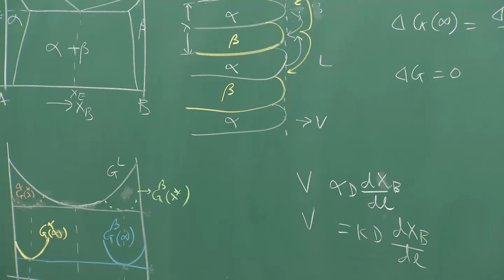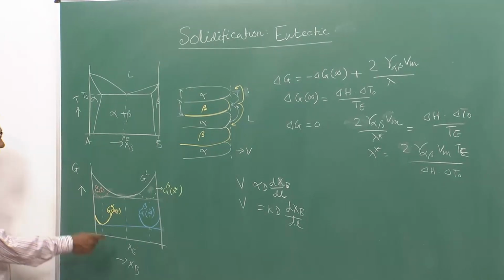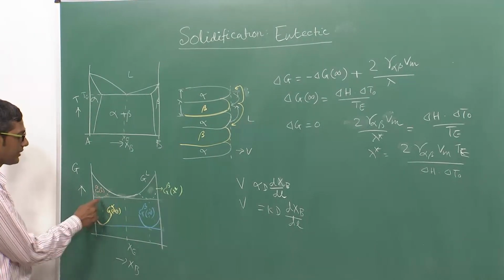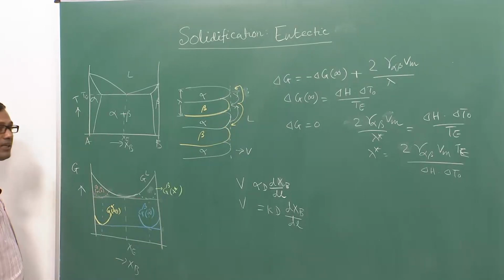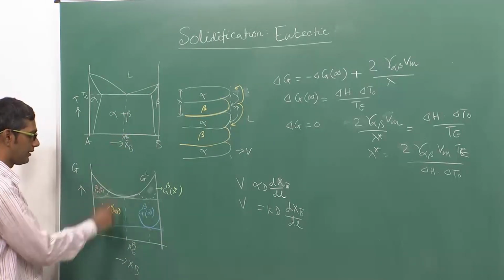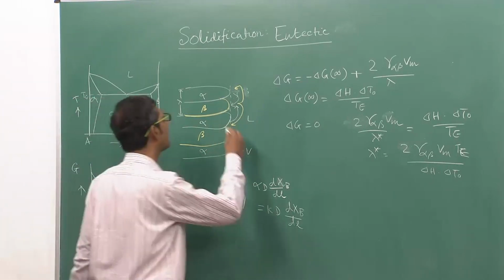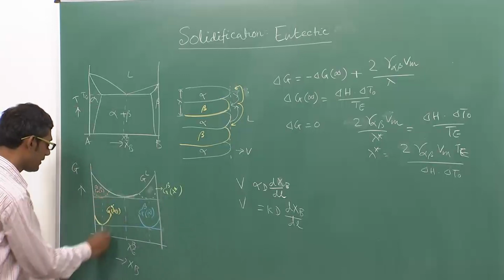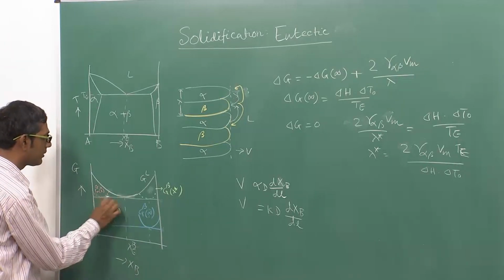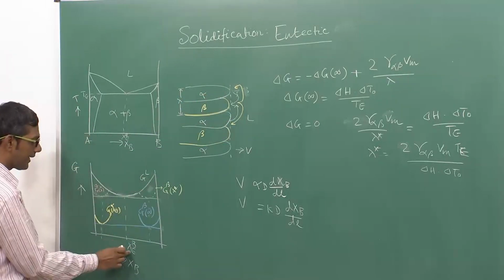So now the question is this: in a system like this, as you clearly see, the composition ahead of the alpha and ahead of the beta is basically the same. This is equal to xBe, right. That means the interfacial composition at the tip of alpha is xBe.